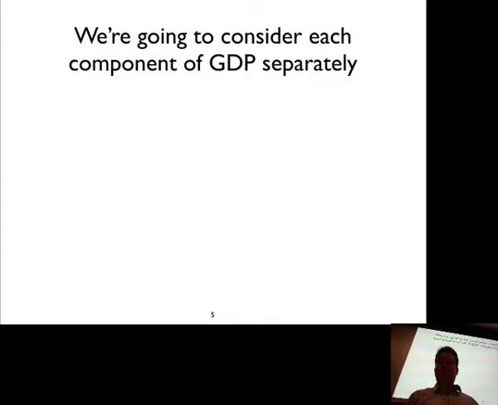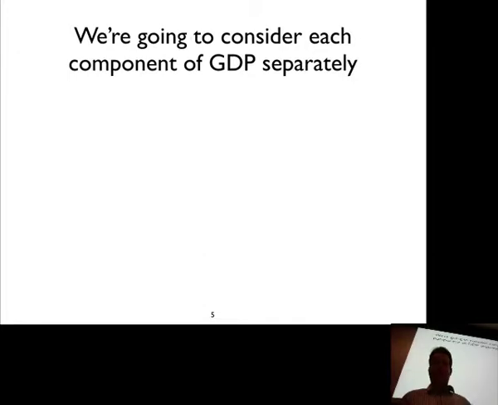And in particular, the IS curve is going to derive from this kind of thinking. We're going to look at each different component of GDP and think about how it varies or does not vary. And in particular, we're going to simplify and imagine that consumption is not going to vary that much.